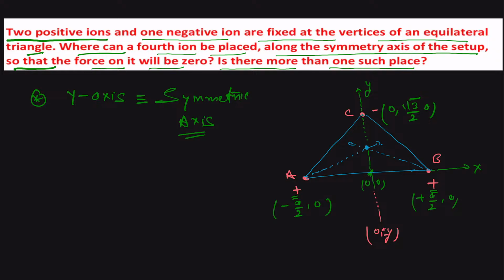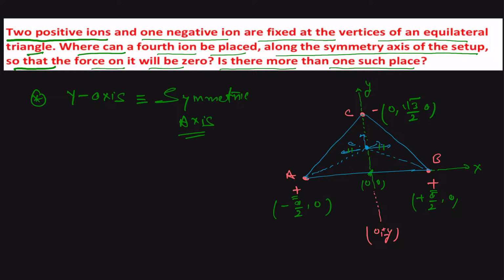If we divide them into horizontal and vertical components, this will be for the first part and this for the second part. Therefore, we clearly see that our horizontal components are going to cancel out. Okay. Anywhere we keep the test charge on this y-axis, this condition will always be true.